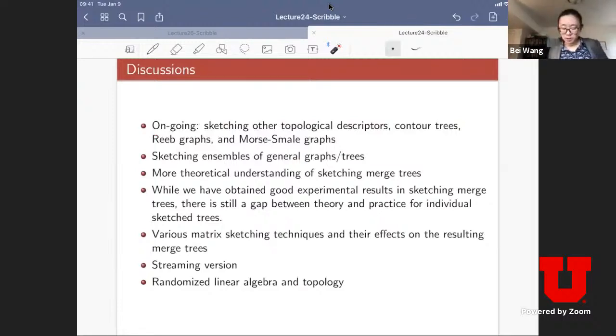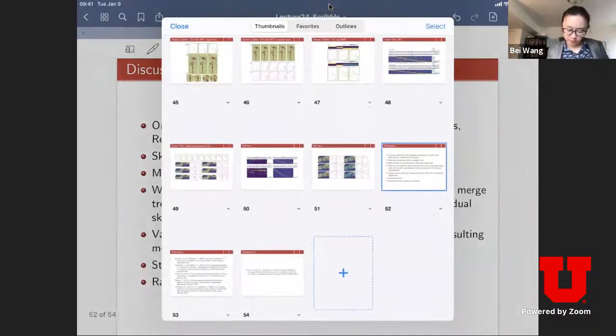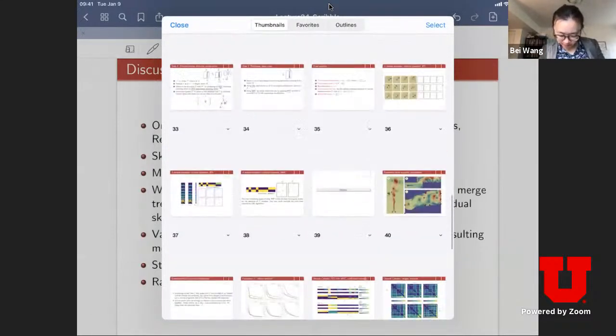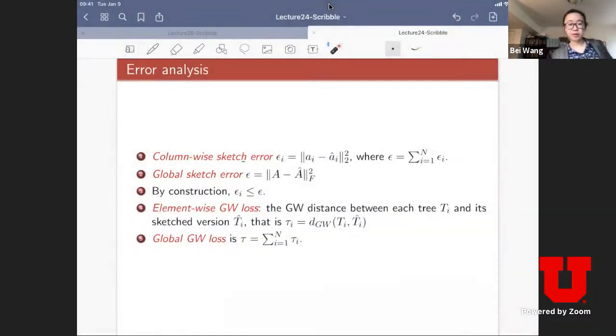And of course, there is a bit of a gap between theoretical understanding of sketched trees, because remember matrix sketching, if we go back to the error assumption here, this is sort of the shortcoming of matrix sketching. Matrix sketching usually looks at minimizing the global error, meaning that before and after sketching, the Frobenius norm of the entire matrix is tried to be minimized.